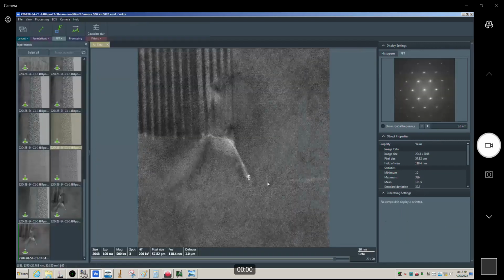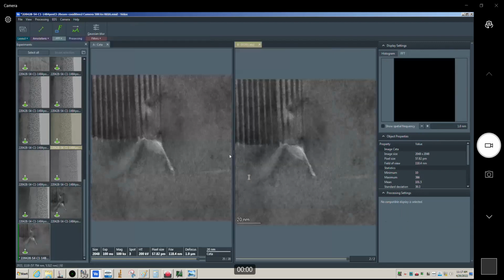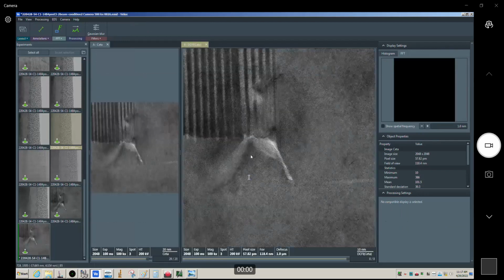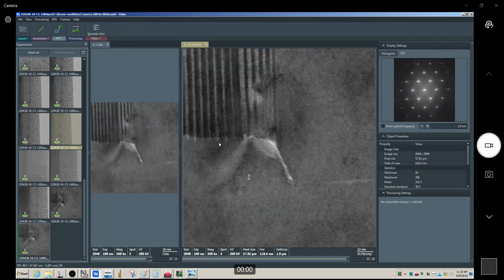So now this one's got a lot of crystalline signal and single crystal signal. So this is really designed for this guy. So we'll see how well this works. So far, so good. Okay, so it looks good.